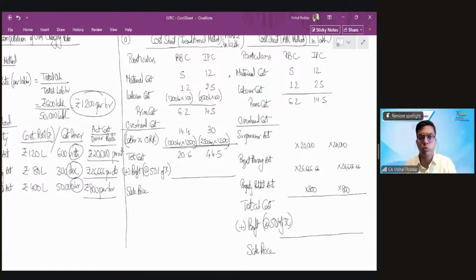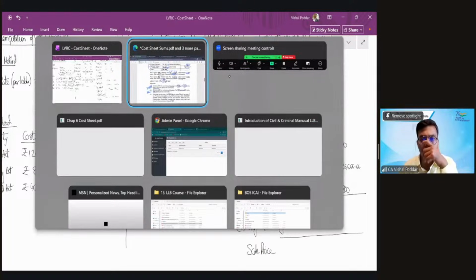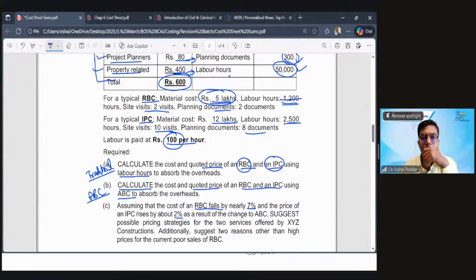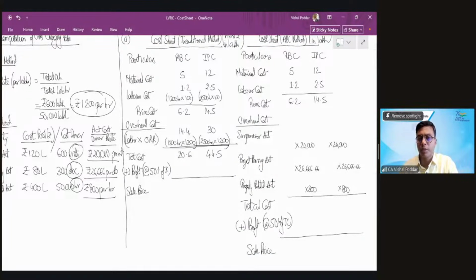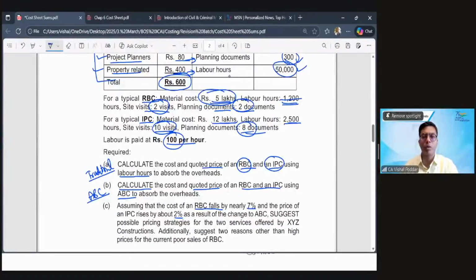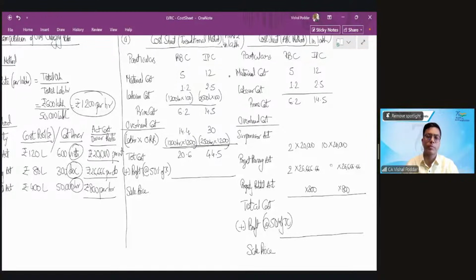So 2 visits, 10 visits, correct? And 2 documents, 8 documents. And then the hours, you already know, 1200 hours and 2500 hours.